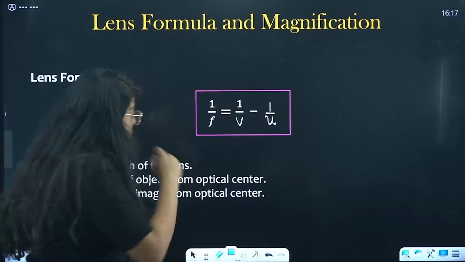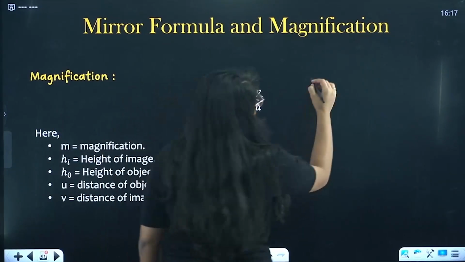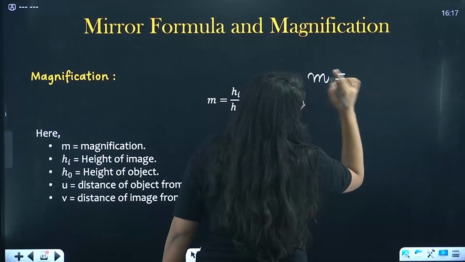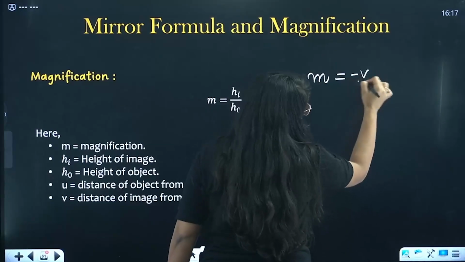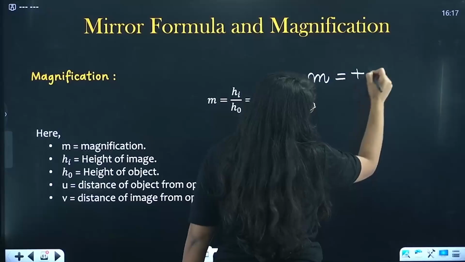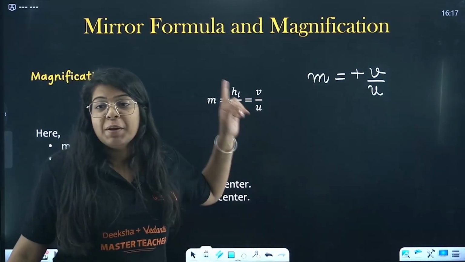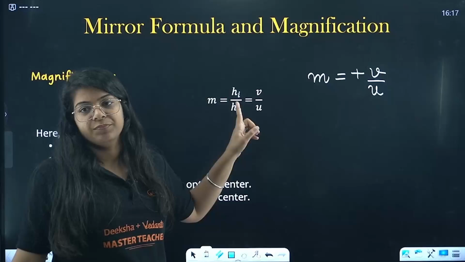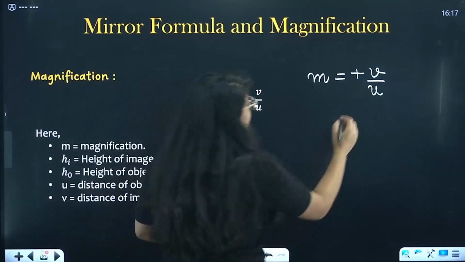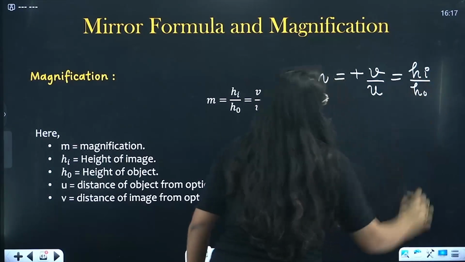Okay, next, we have magnification. In the mirror formula, magnification was minus V by U, right? But in the case of lenses, it will be plus V by U. Understood? And it will always be equal to height of image divided by height of object.